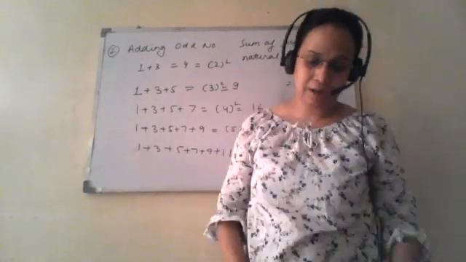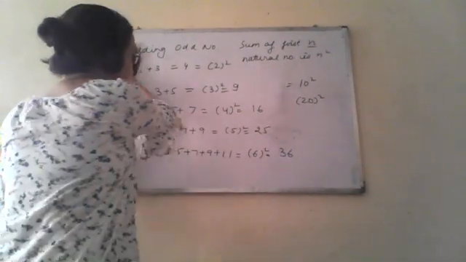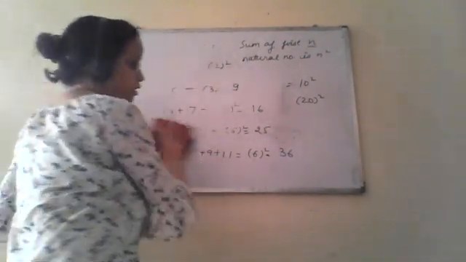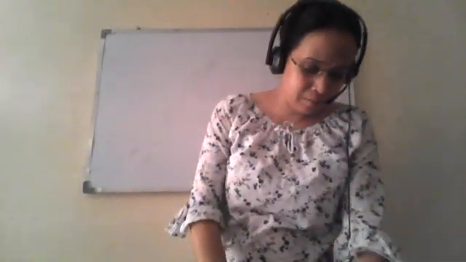And a different thing we can see here is, if a number is a perfect square, it has to be the sum of successive odd numbers starting from 1.